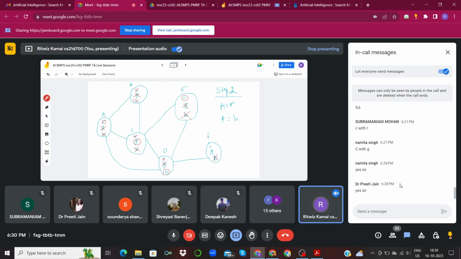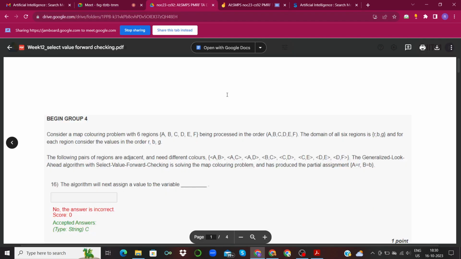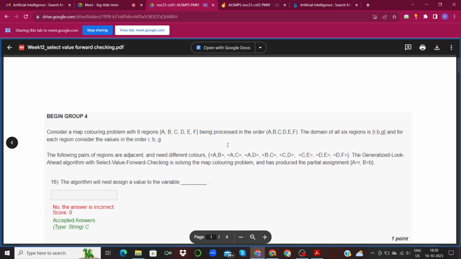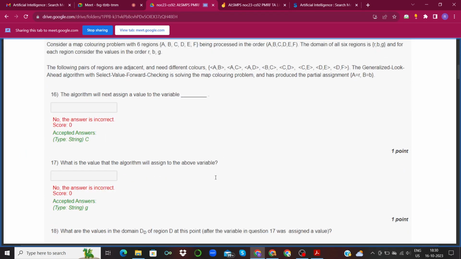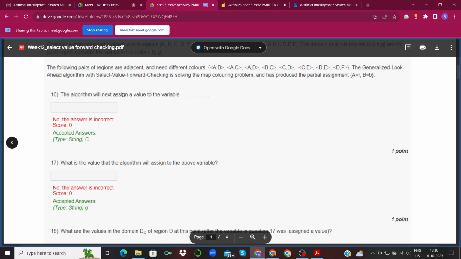Okay, so any doubts about this solution? Okay, that's great. Then let's just quickly have a look at the questions that were given over here, just for the sake of completeness. The algorithm will next assign a value to the variable, and this happens to be C, right?